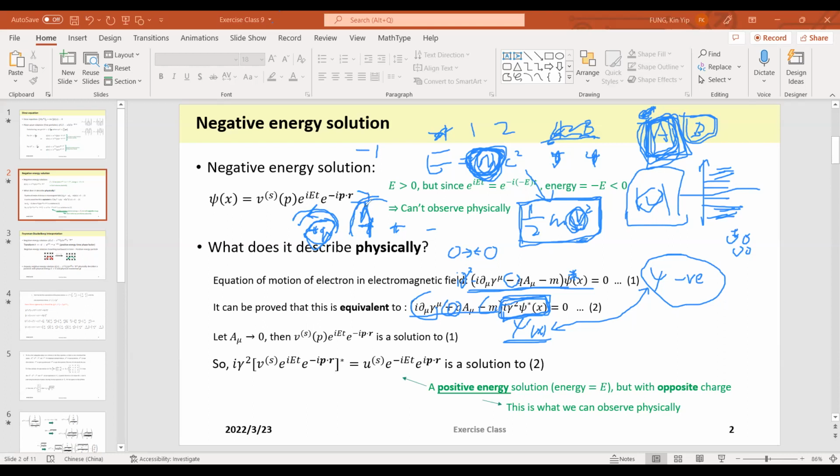What I mean is, the equation for the trajectory is the Lorentz force equals ma. Now, we put that minus sign on the charge in the Lorentz force to account for the opposite direction.